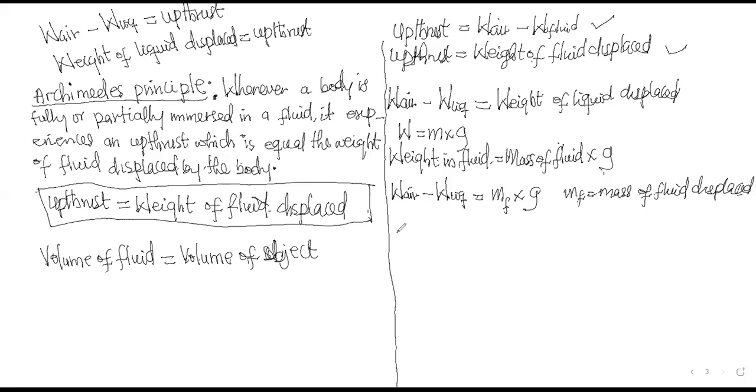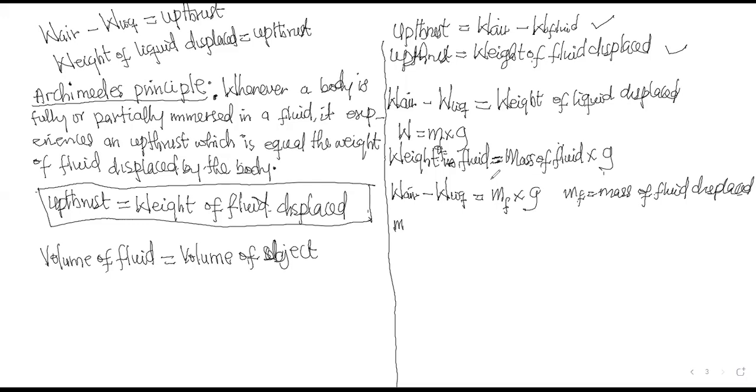Giovanni: Sir, please, I don't get why the mass of fluid times gravity. I don't get that part. Giovanni, weight of a body. If I want to determine your weight, it is your body mass times gravity. So if we are talking about weight of fluid displaced, then we can also equate this to the mass of the fluid times gravity.